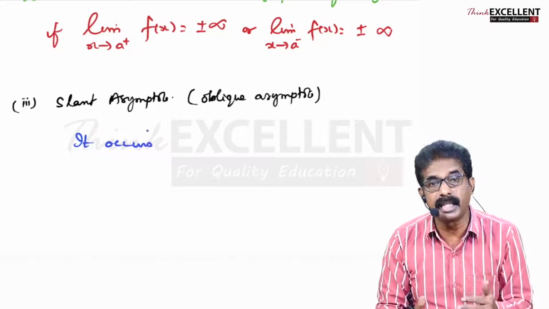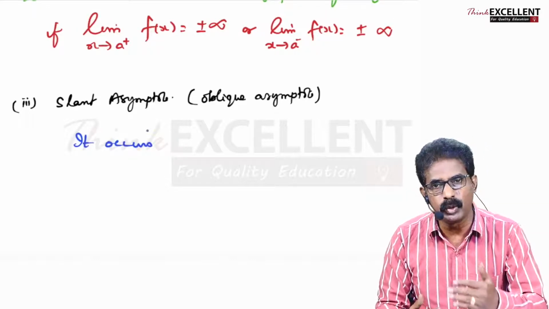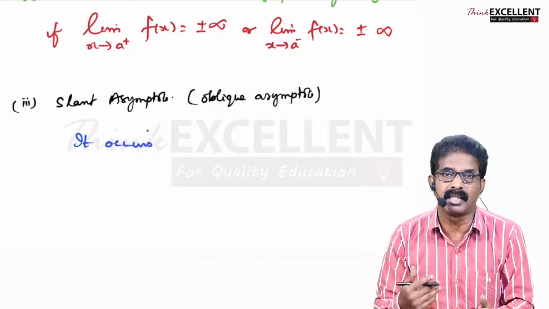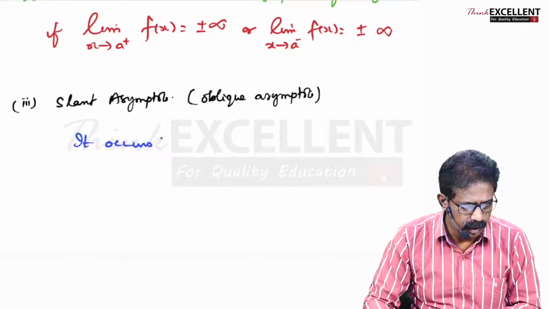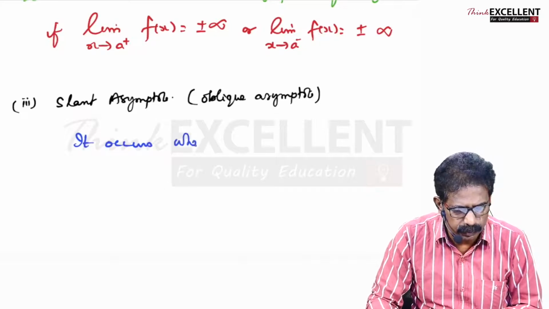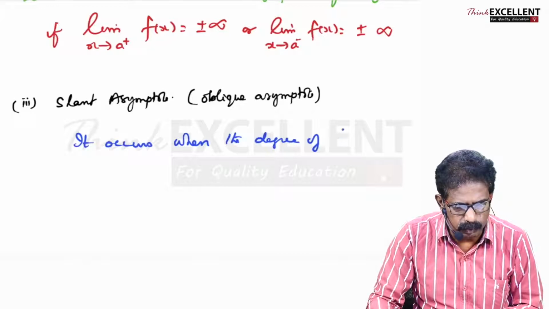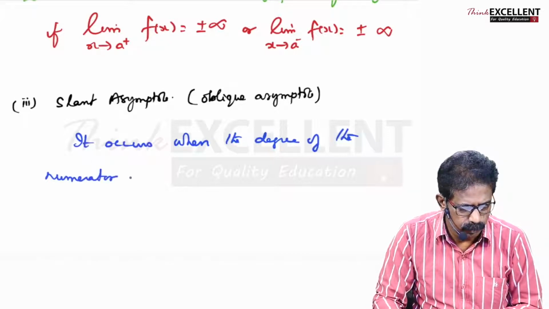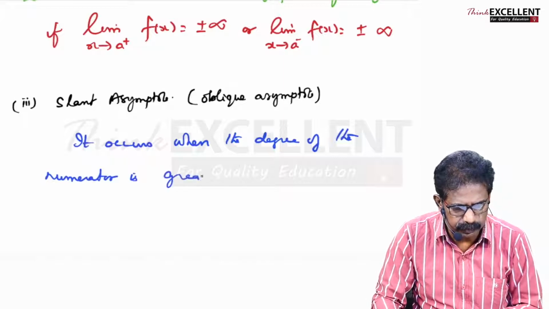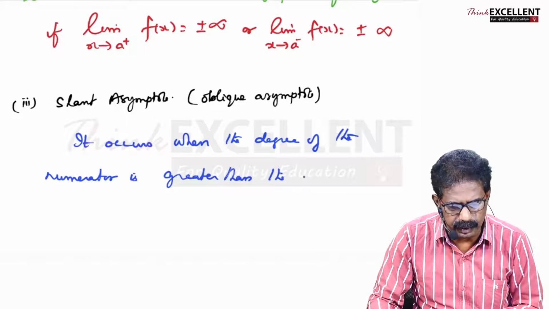You see the degree of numerator and the degree of denominator. If the degree of the numerator is greater than the degree of the denominator, there exists a slant asymptote, okay?